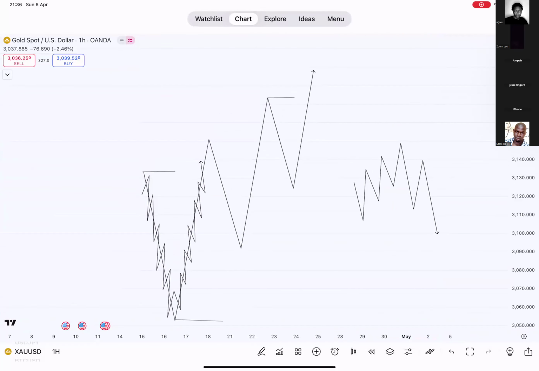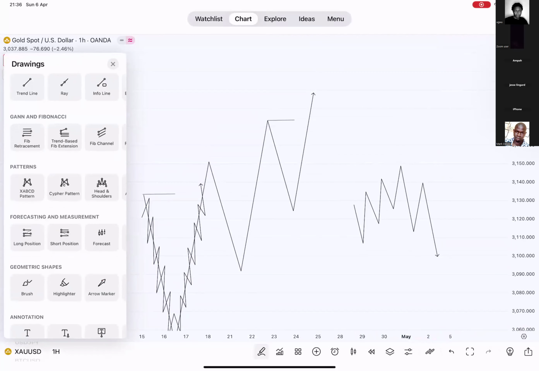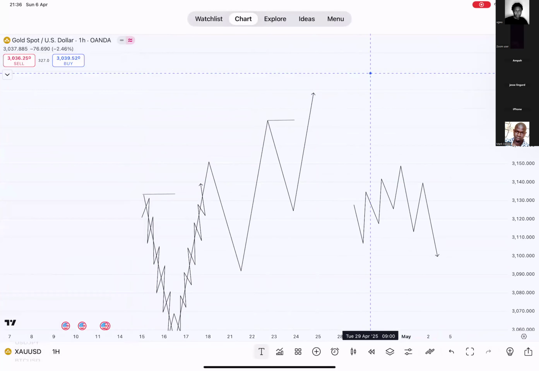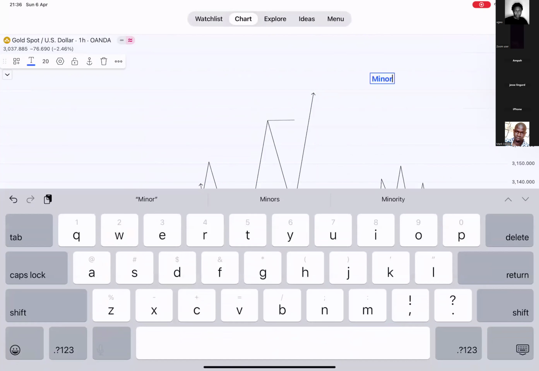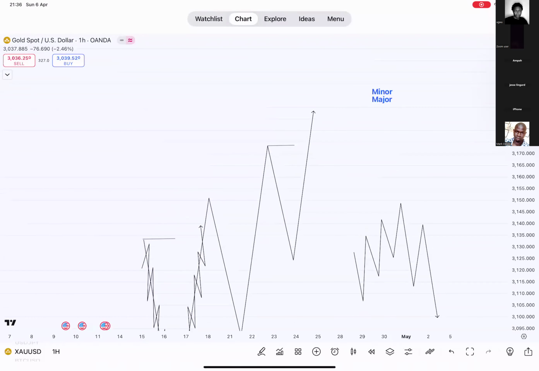But here now, we have two different types of change of character. It's the same thing, but they are the ones you need to avoid. We have minor change of character, and major change of character. Please don't get confused. Minor change of characters are the ones you need to avoid.